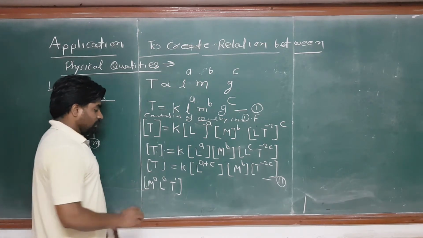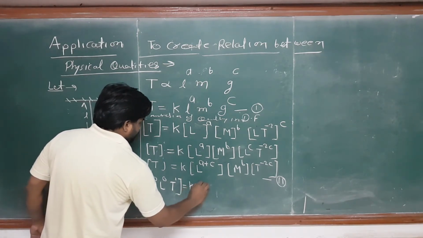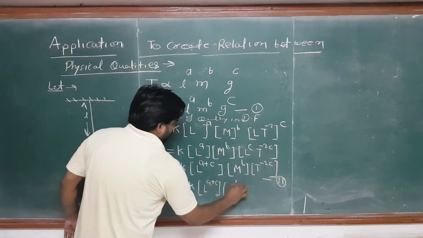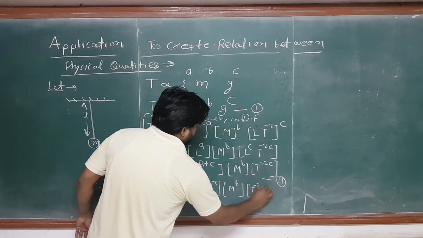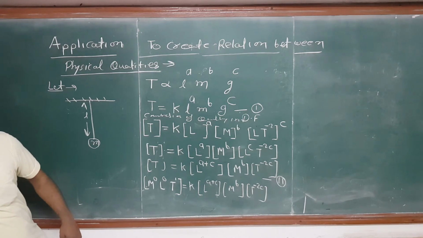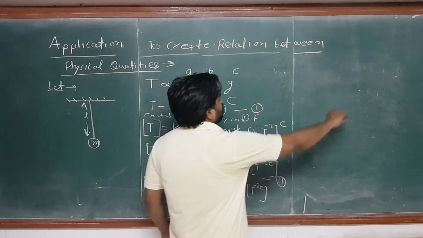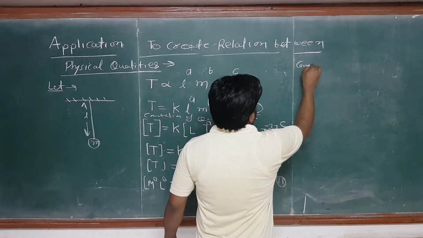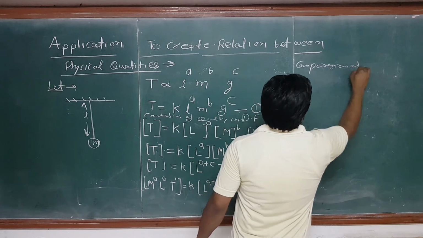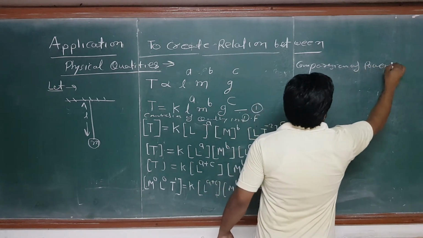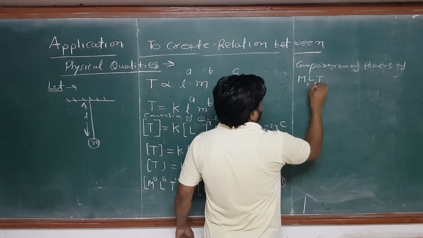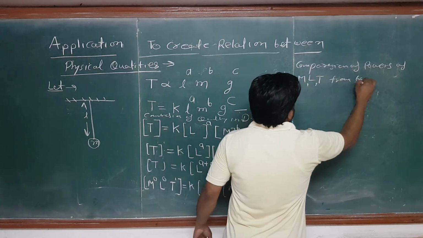I have converted this, and this equals K L to the power A plus C, M to the power B, T to the power minus 2C. The next step is the comparison of powers of M, L and T from both sides.